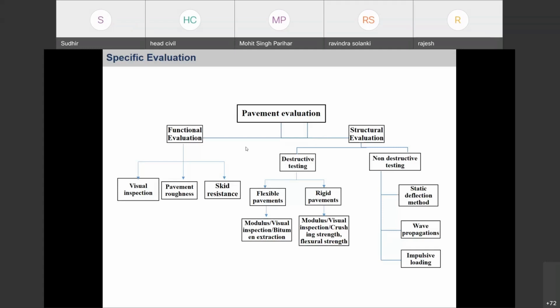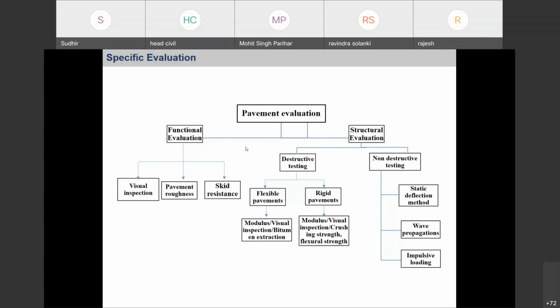For example, if you want to measure modulus value of a certain layer in the pavement structure, you might take material out from that layer and measure its modulus value in the lab, right?